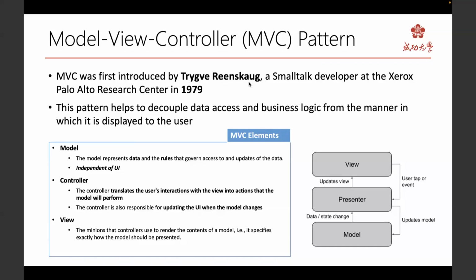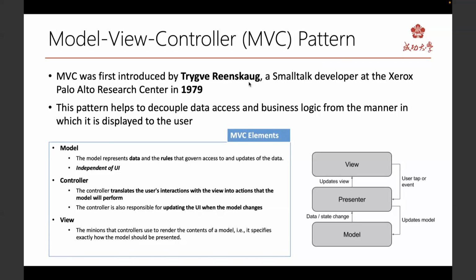And the view, obviously, views are the minions that the controller uses to render the contents of the model. In other words, it specifies exactly how the model should be presented. The view also interacts with the user directly, and whenever something happens, it notifies the controller, and the controller will modify or update the data model accordingly.